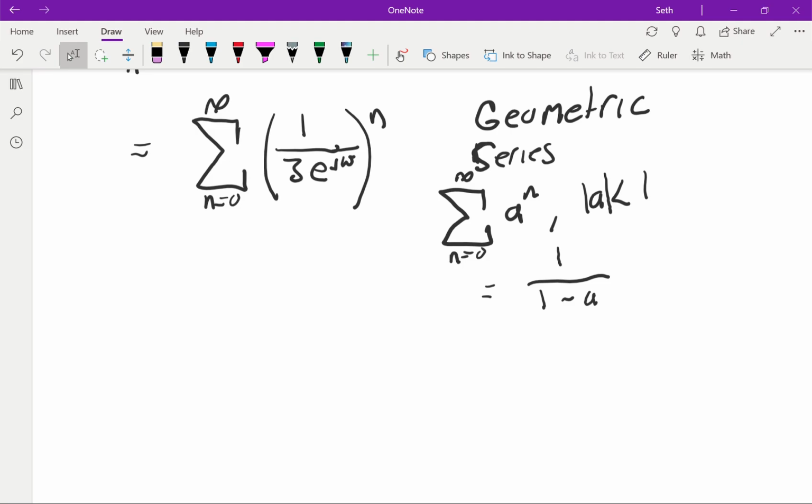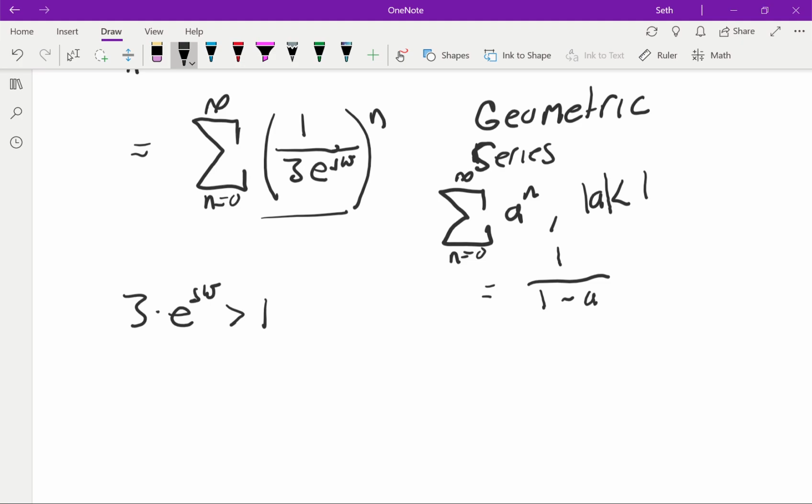So this right here, which we can call a, is always going to be less than 1, because 1 over a, three times e to the j omega, is always going to be greater than 1.